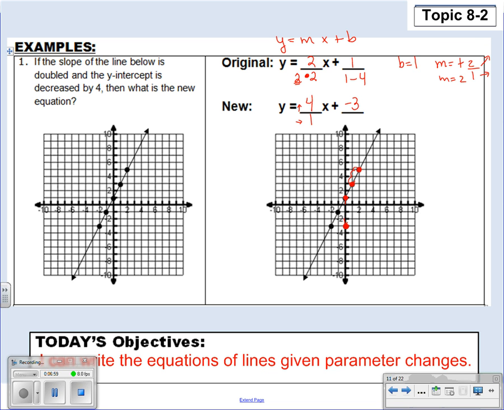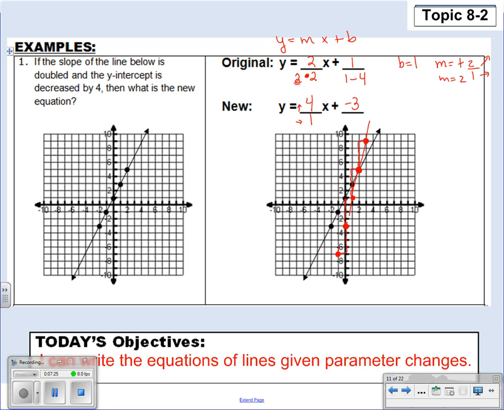So we'll go up 4, 1, 2, 3, 4, to the right 1. I can go down 4, to the left 1, and continue the pattern to get my point below.